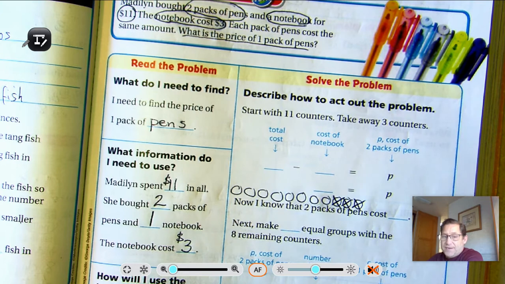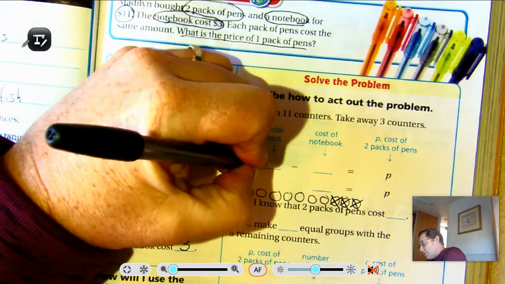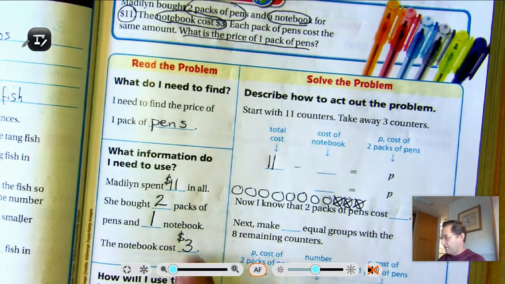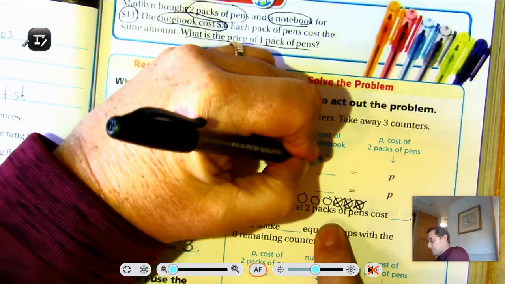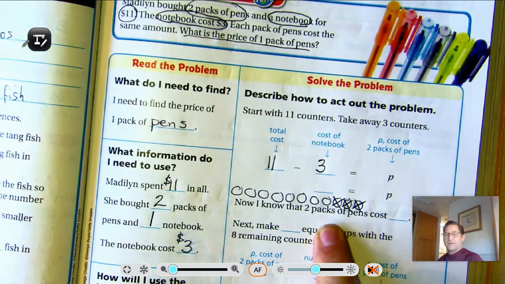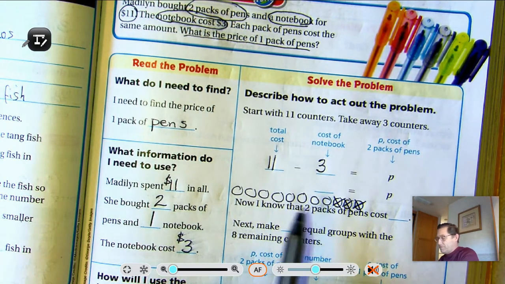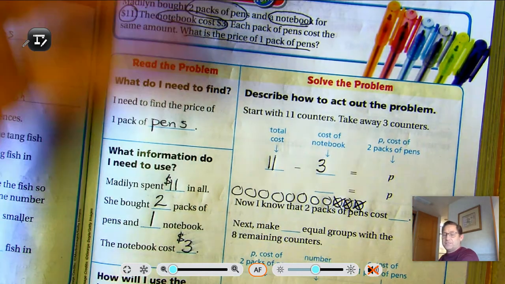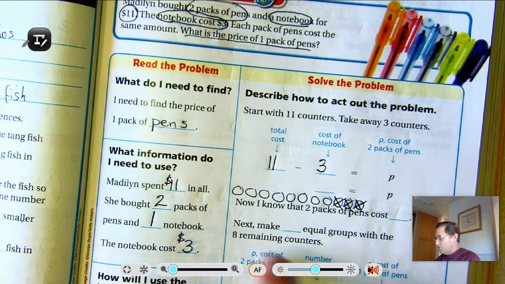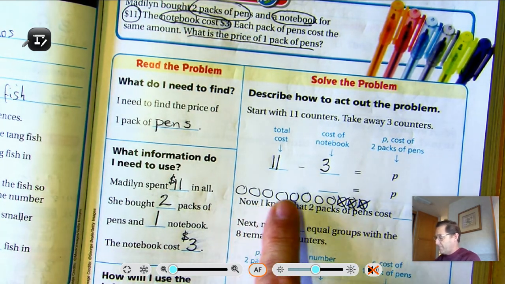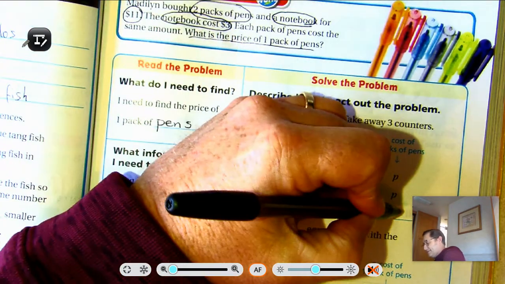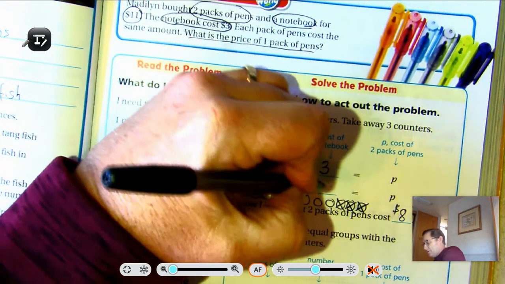They gave that to me. So the total cost was 11, right? We made 11 counters. We took away 3, which was the cost of the notebook. That tells me that the part that's remaining is the cost that she spent on pens. So I know that 2 packs of pens cost $1, 2, 3, 4, 5, 6, 7, 8. $8.